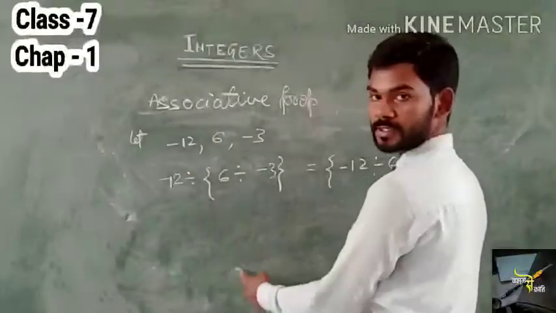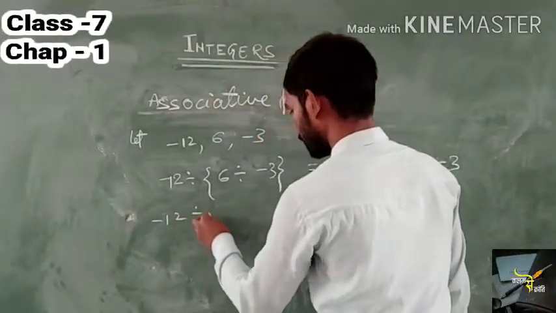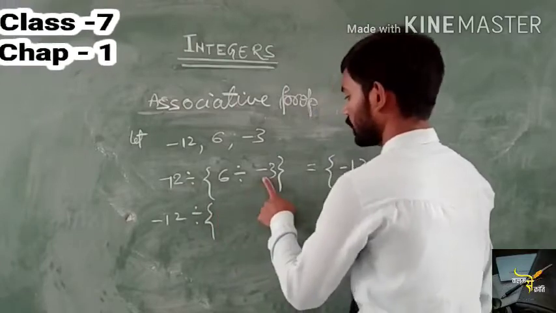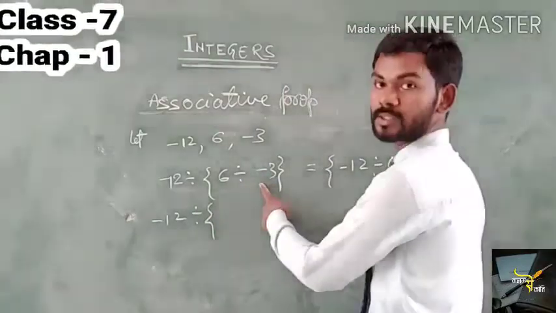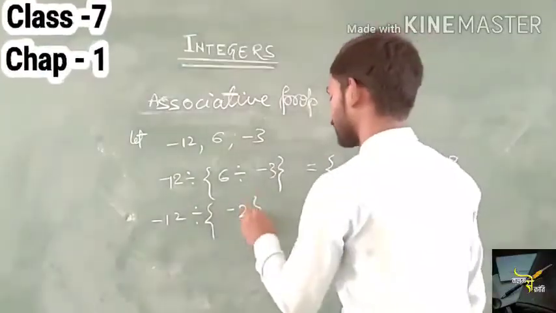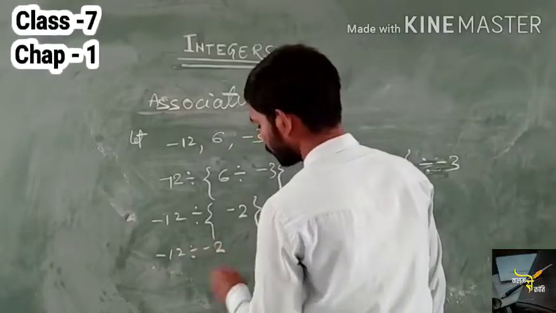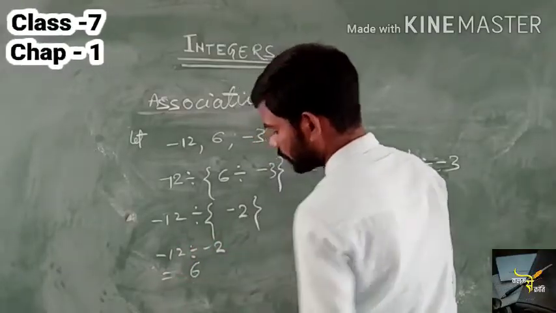So first let's see this. So here we get minus 12 divided by, when we divide 6 by minus 3 we get minus 2, and here we get minus 12 divided by minus 2, and this will be equal to 6.